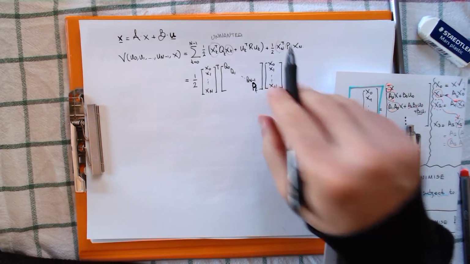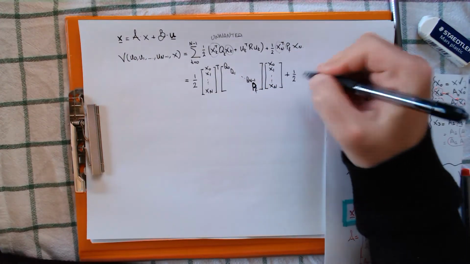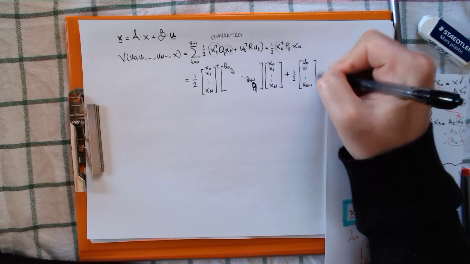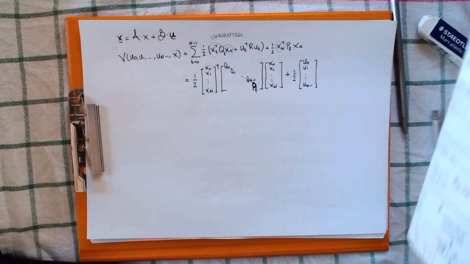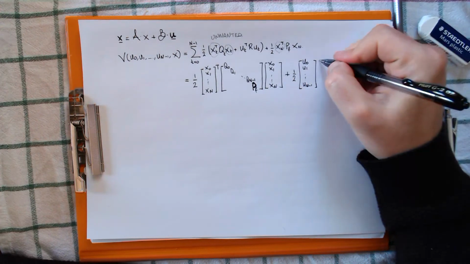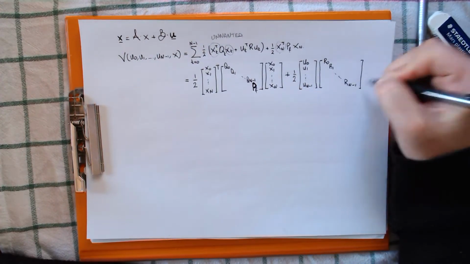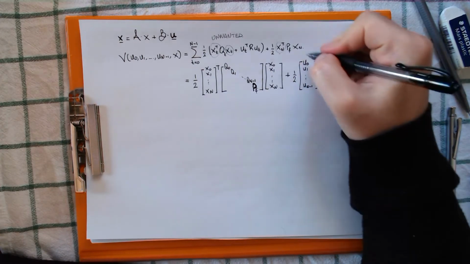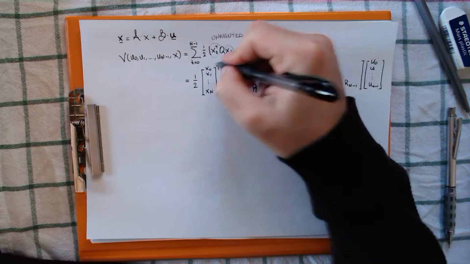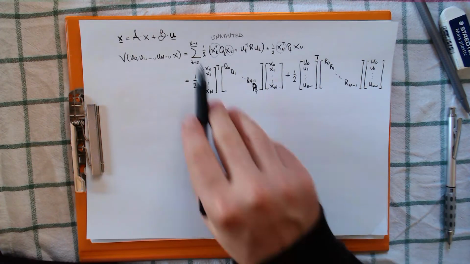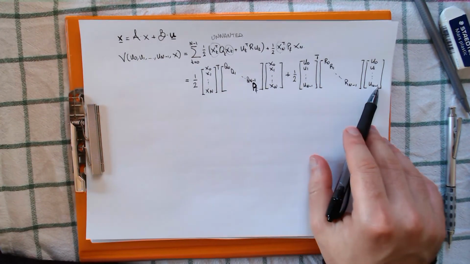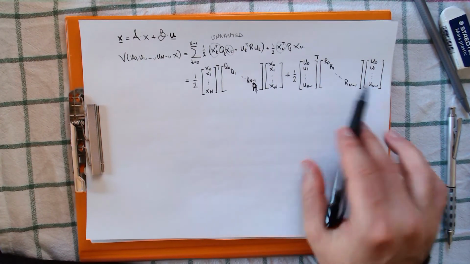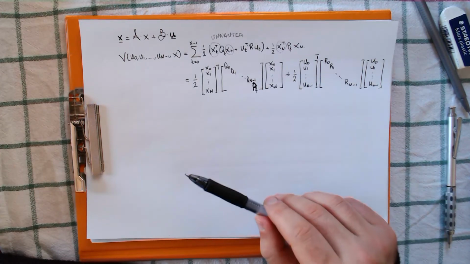Don't forget about this one. We don't need this paper anymore. Transpose here. So this function can be written compactly in matrix notation like that.